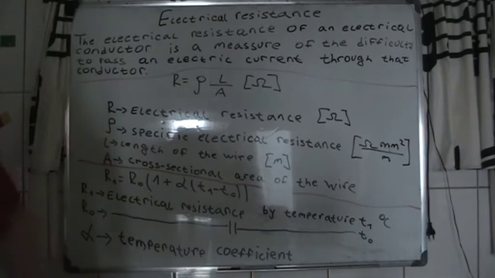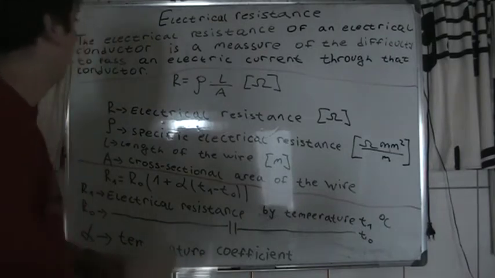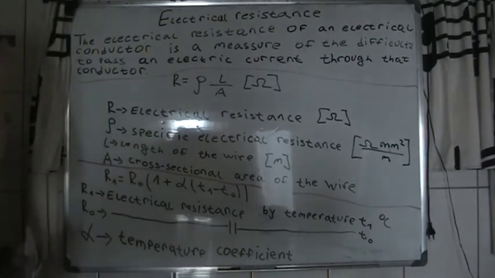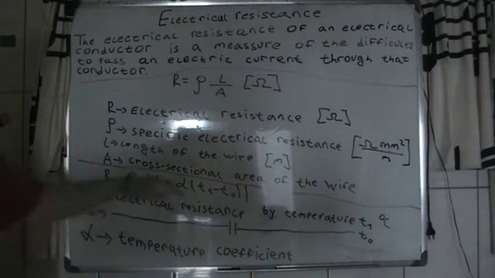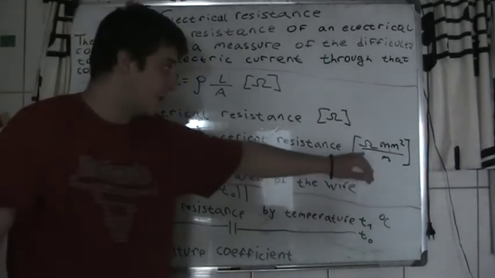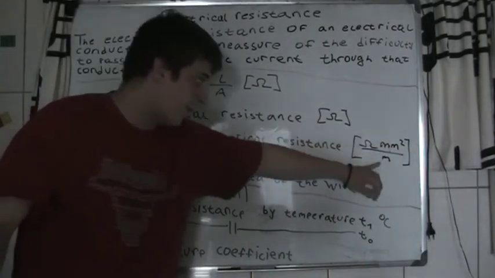So let us do some examples, and you will see that it's not really hard to do this. I also forgot, specific electrical resistance is measured in ohms millimeters squared per meter.